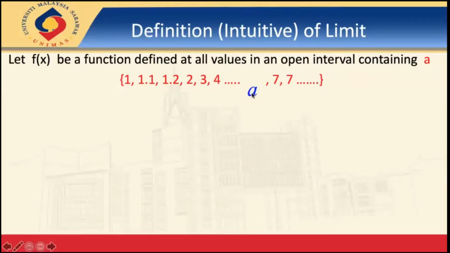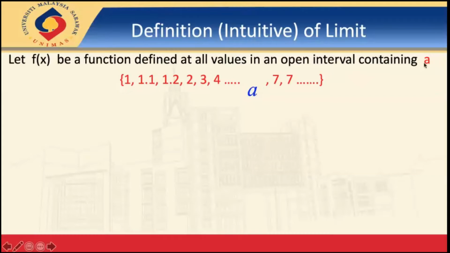Okay, a is also in the set. So an open interval may be a series of values like 1, 1.1, 1.10, 1.15, 1.2 and so on. There are actually millions of possible values in this open interval. This open interval is a set of many possible values, and this set also contains a.